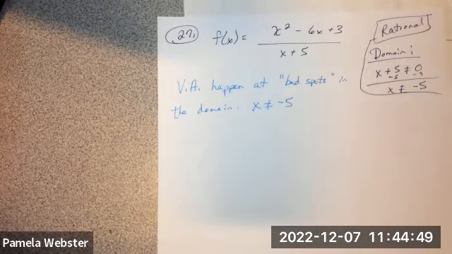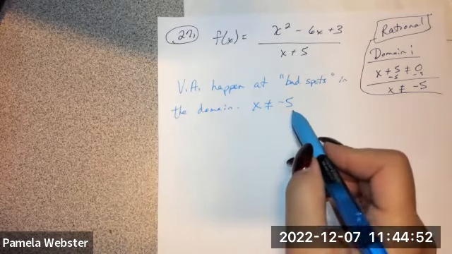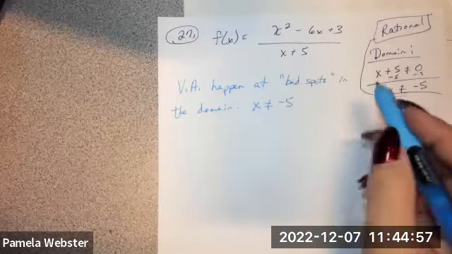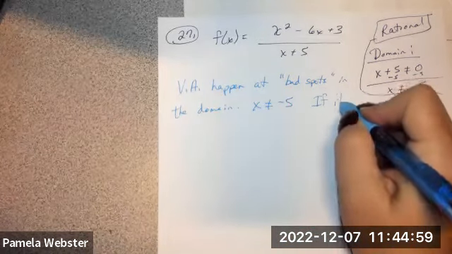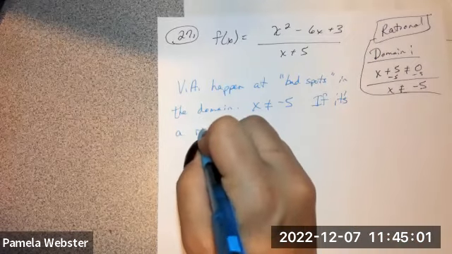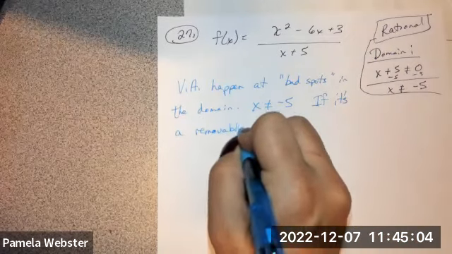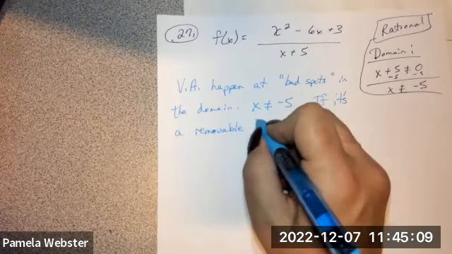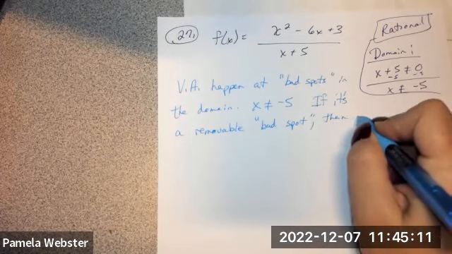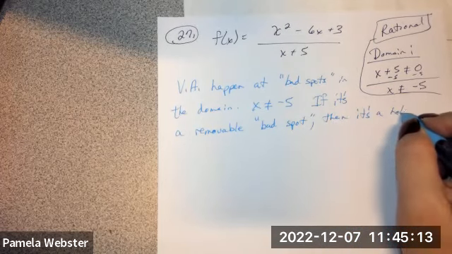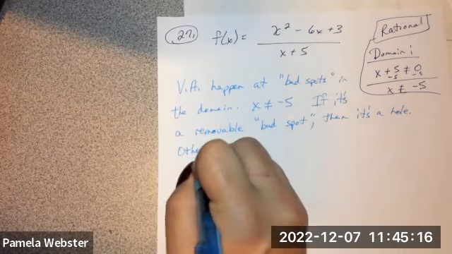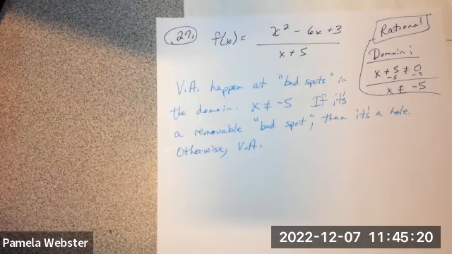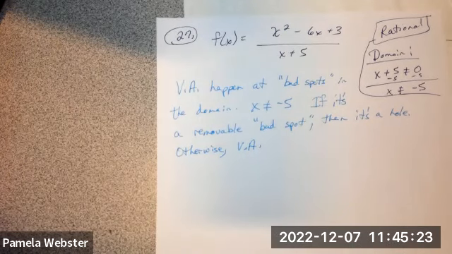The only thing I need to check for is: is that an asymptote or is it a hole? Remember, if it's a removable discontinuity, I'm going to say bad spot, but the book will say discontinuity, then it's a hole. Otherwise, it's a vertical asymptote. So all you need to know is, does it go away or not?